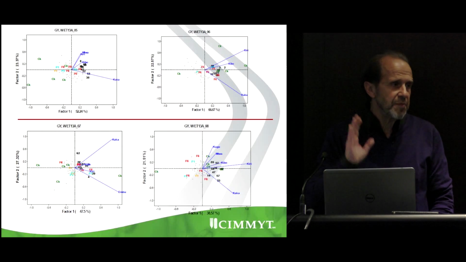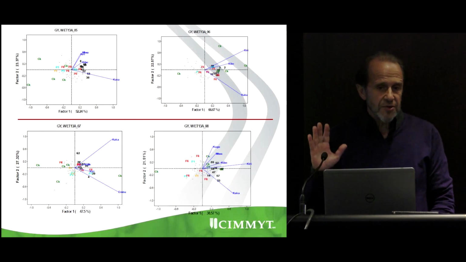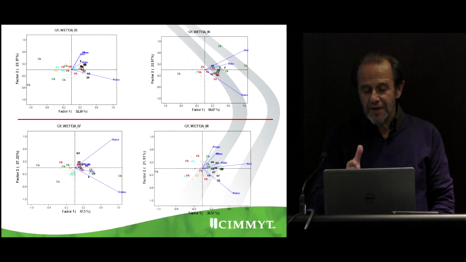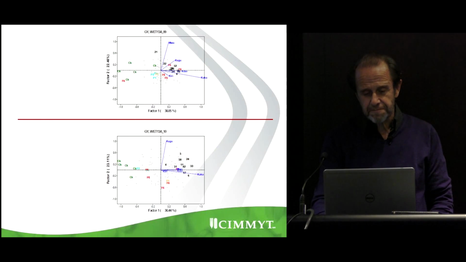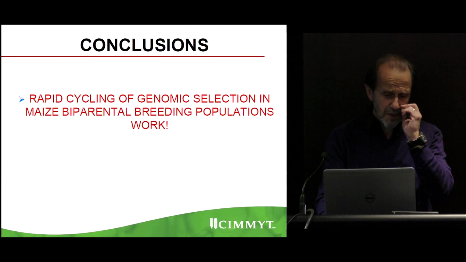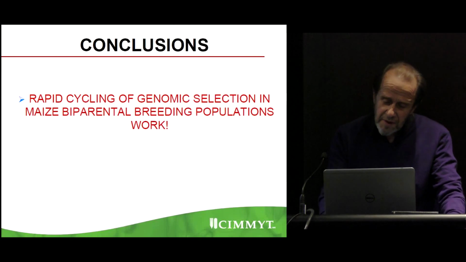This is exactly what breeders do under conventional selection. But they show that the hybrids developed from the lines from marker-assisted selection work all right. So the conclusion, at least for maize, is that rapid cycling of genomic selection in maize biparental breeding works very well.